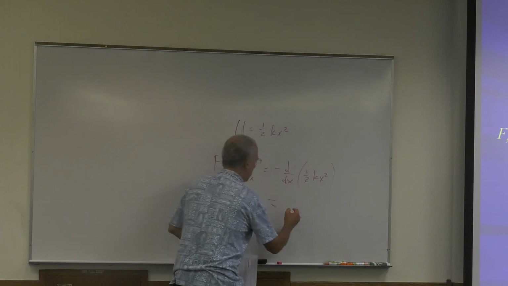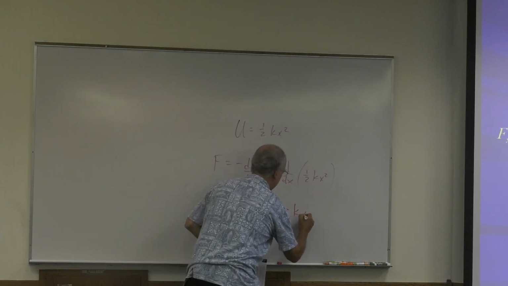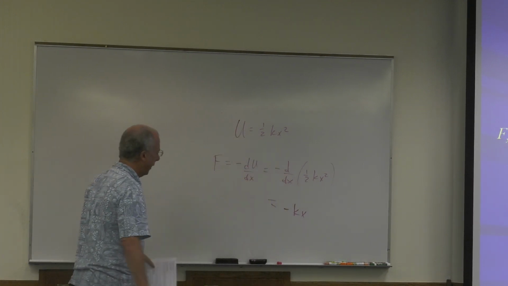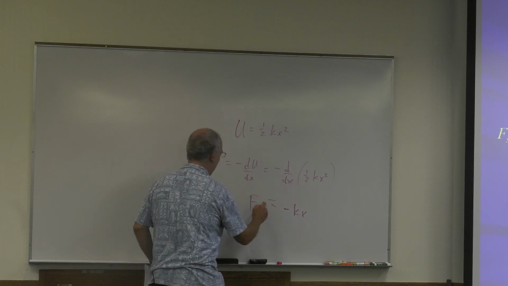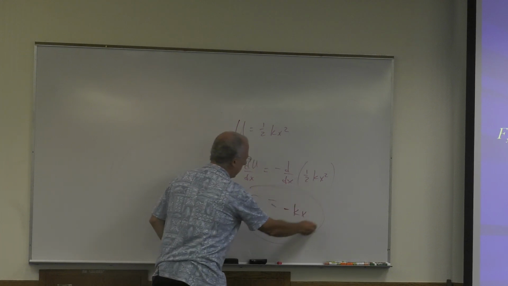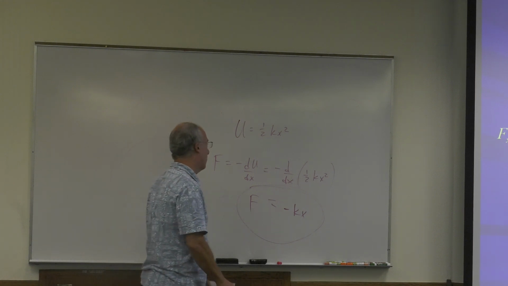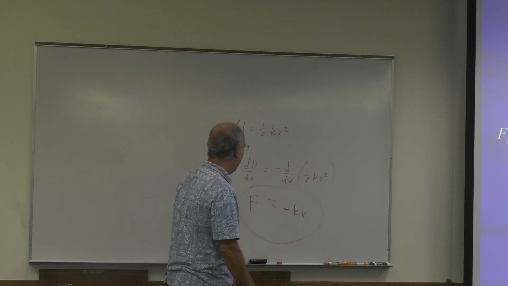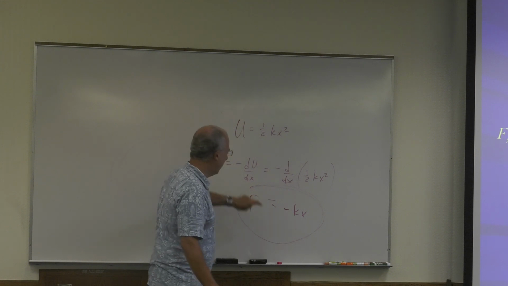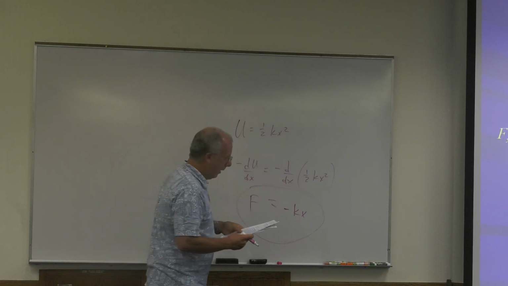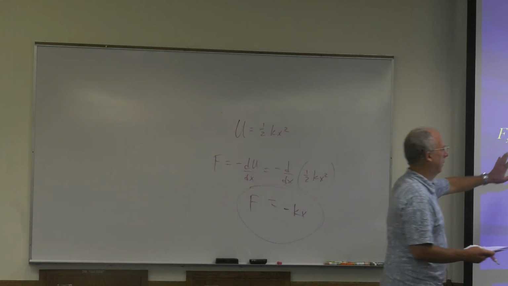But we have a minus sign, so it's minus kx. Now, have you seen that before? Yeah, we have. That's Hooke's law, F equals minus kx. So if you start here, you can get that. This is just a useful formula.